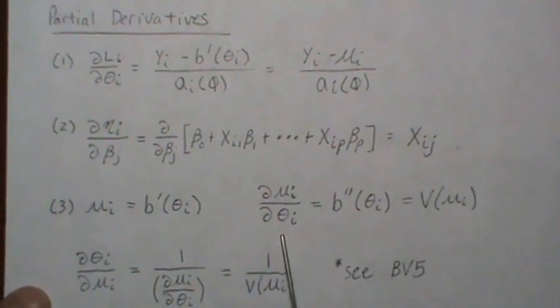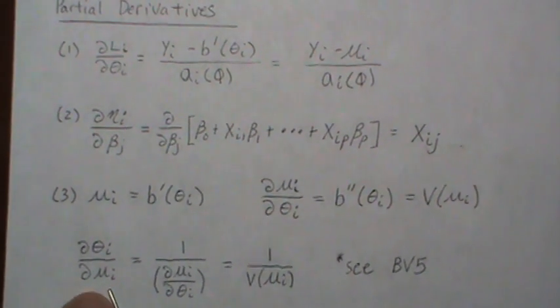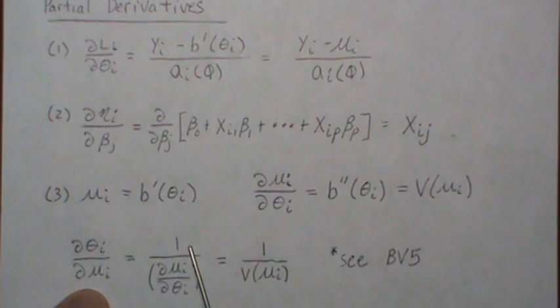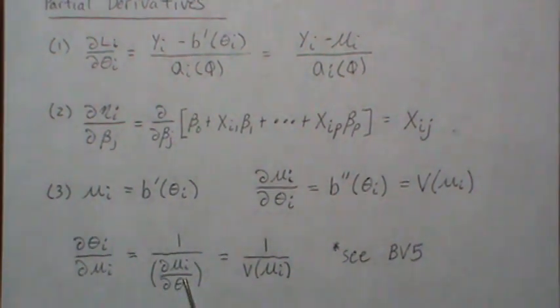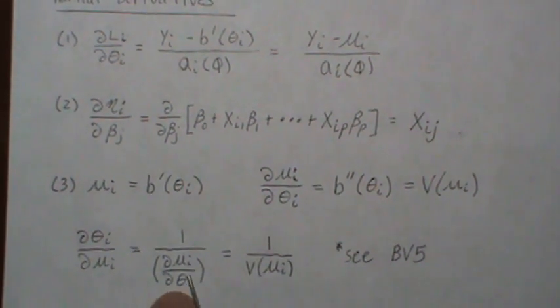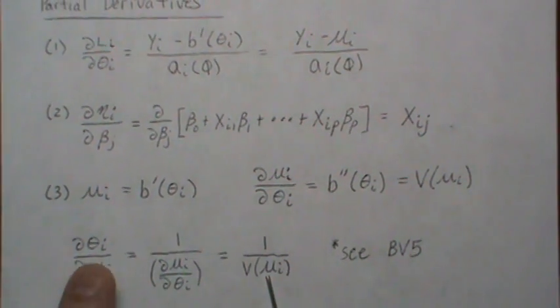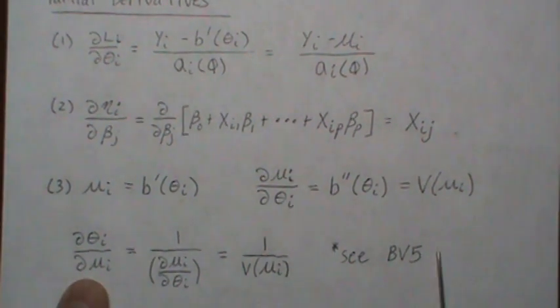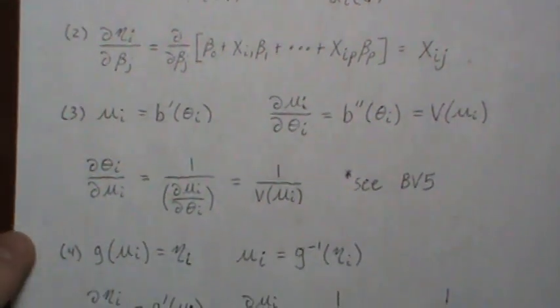So if we want to find the derivative of theta_i with respect to mu_i, we can actually take the reciprocal like this, because it creates an inverse function. This might be easier to see when I do it for step 4 for another function. But then this we determined was the variance function. So the derivative of this is this. And really, details can be sought out in BV5 for taking derivatives of inverse functions.